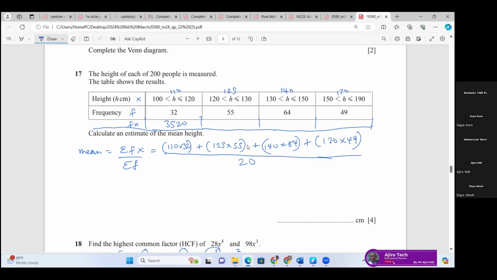Brackets, that's okay. The bracket plus. So I have 125 times 55 plus bracket open 140 times 64 plus 170 times 49.